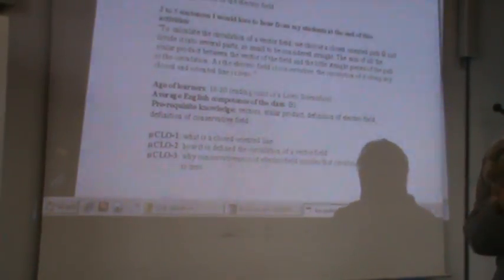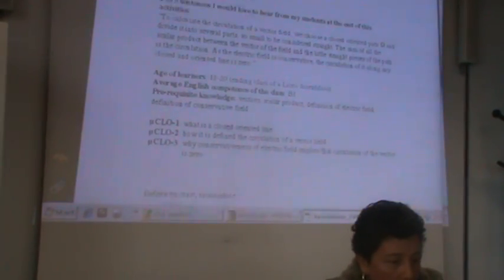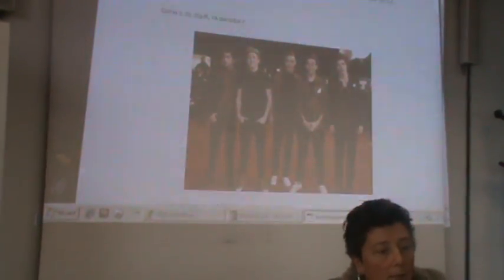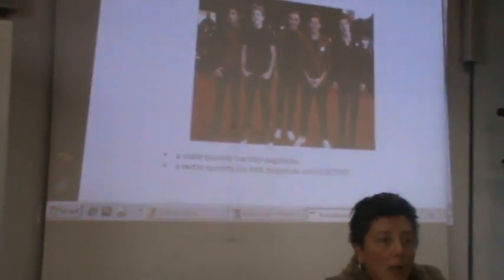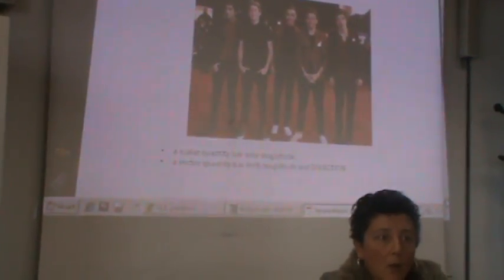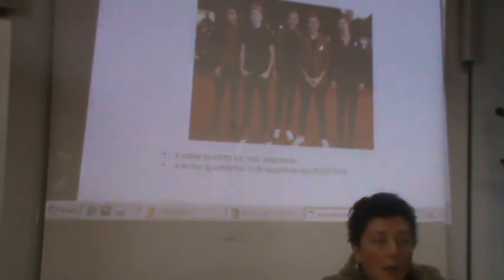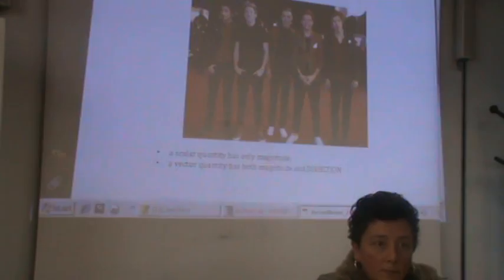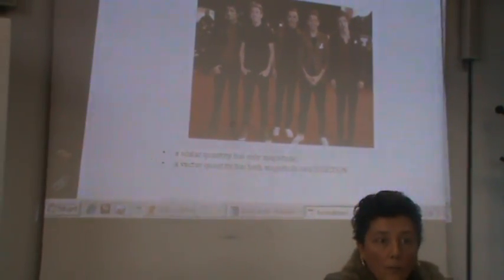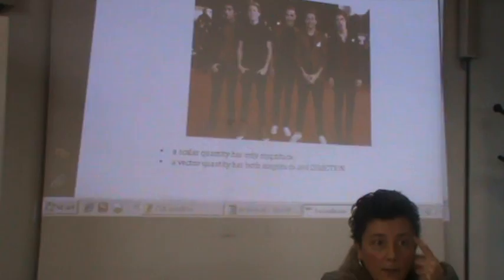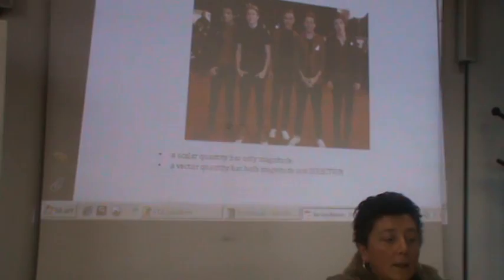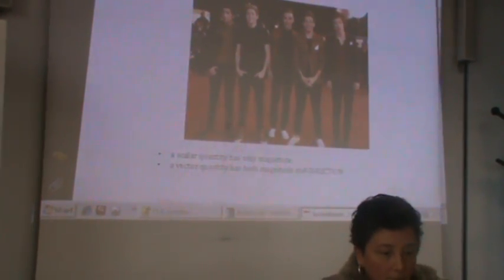I don't want to speak about the content because this is not a lesson of physics. So we can go forward. And I have introduced a prerequisite concept about vectors using the one direction picture, so that they know the boy band and remember easily the connected concept, that is the direction of the vector.